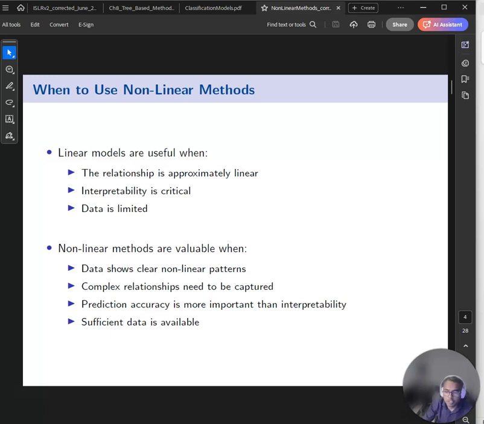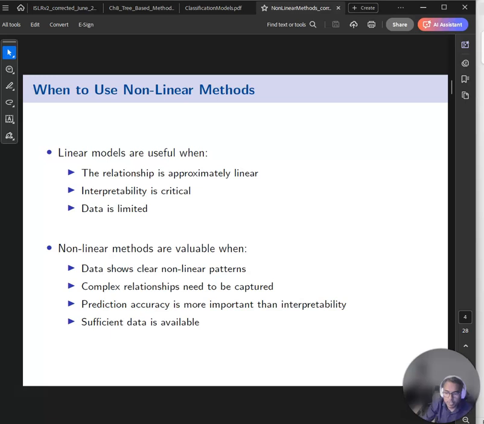On the other hand, nonlinear methods become valuable in several scenarios. The most obvious is when your data shows a clear nonlinear pattern. Perhaps you have plotted your variables and see there are obvious curves or thresholds. And they are essential when you need to capture complex relationships that can't be approximated well using straight lines.